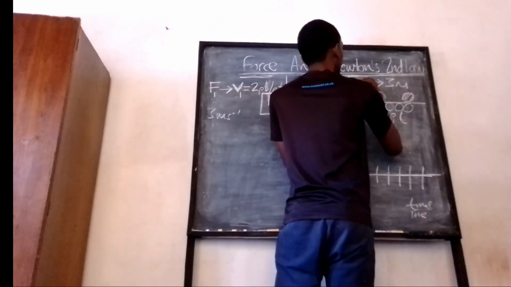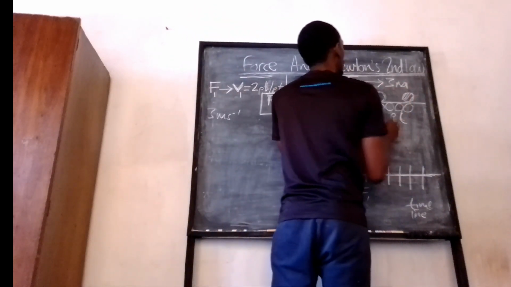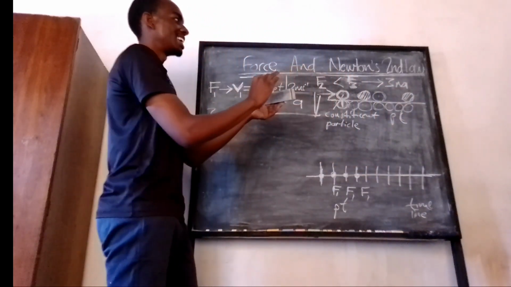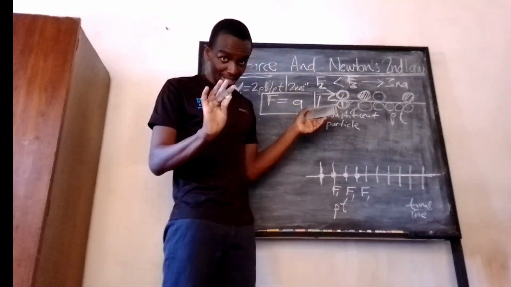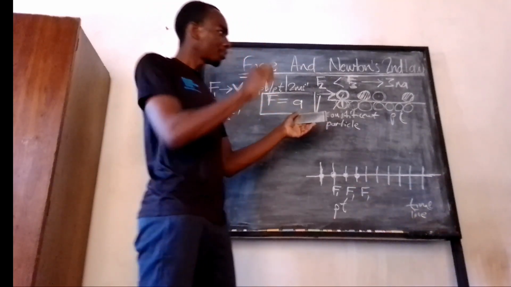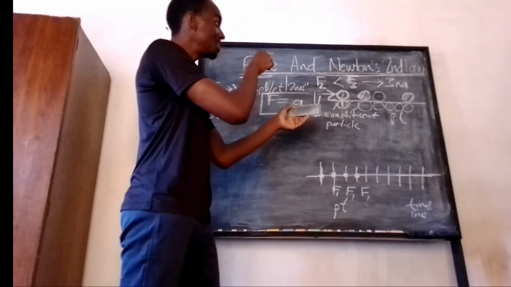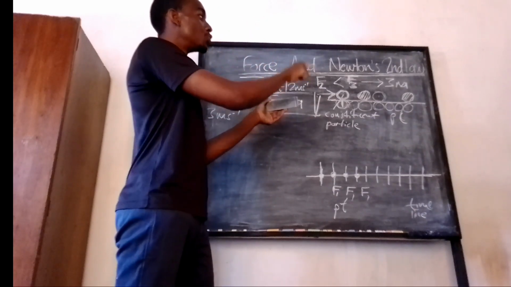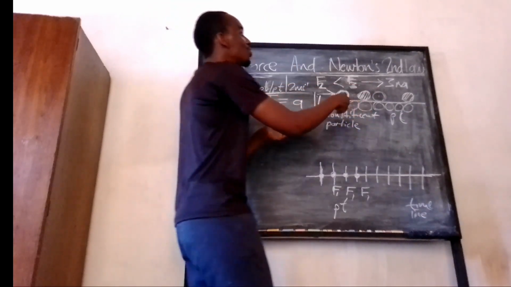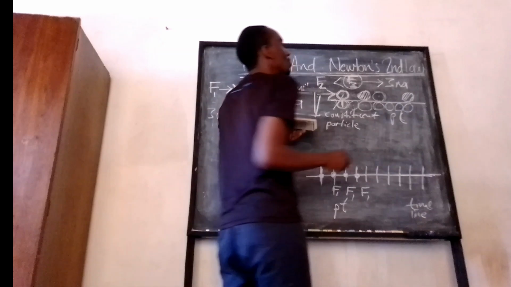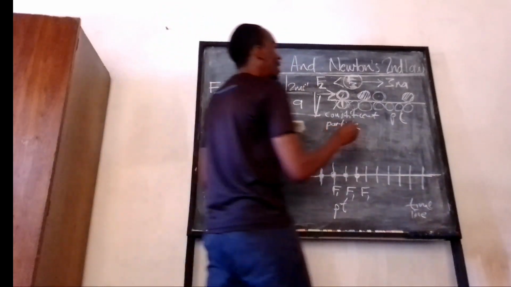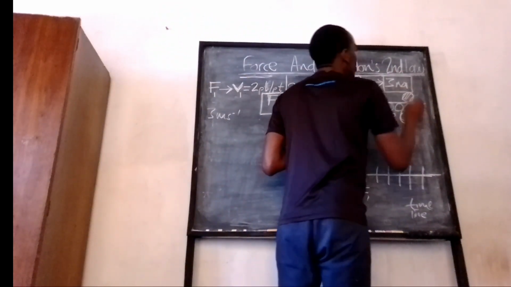We'll say F3 caused our body to move 3 meters. And now, listen to this. Because F3 caused our body to move 3 meters, the value of F3 becomes 3 meters.